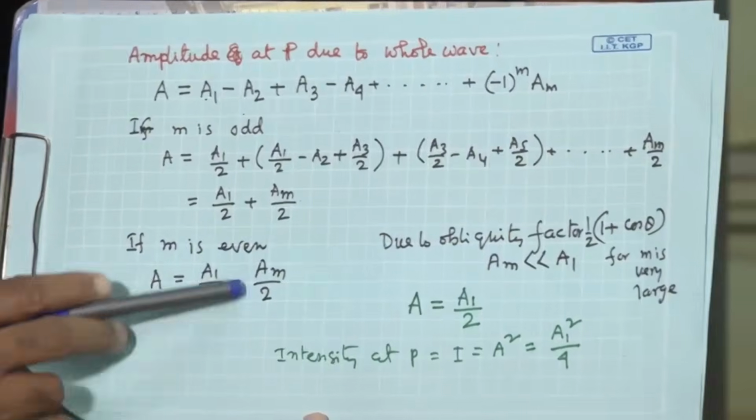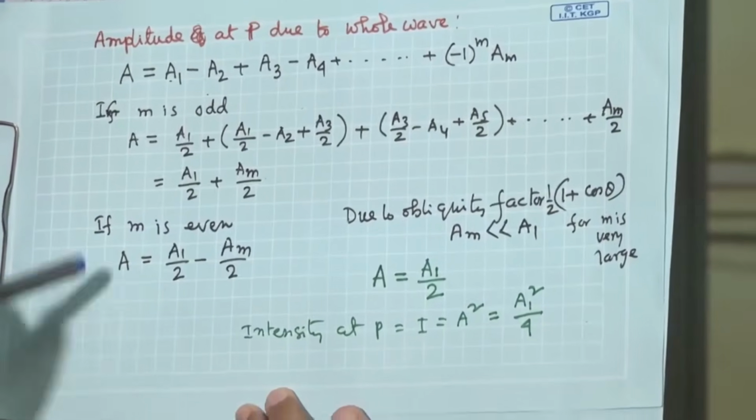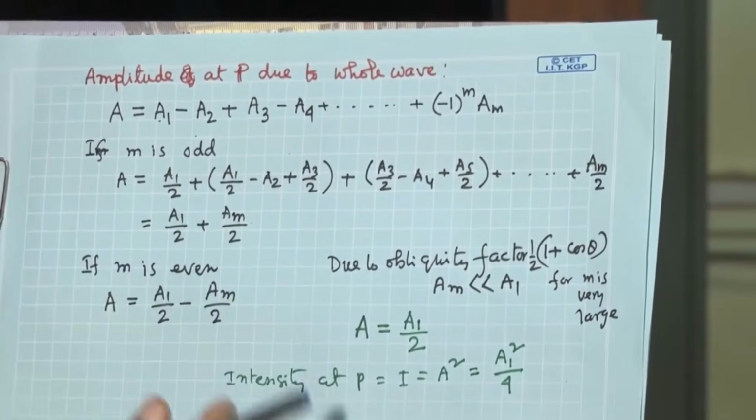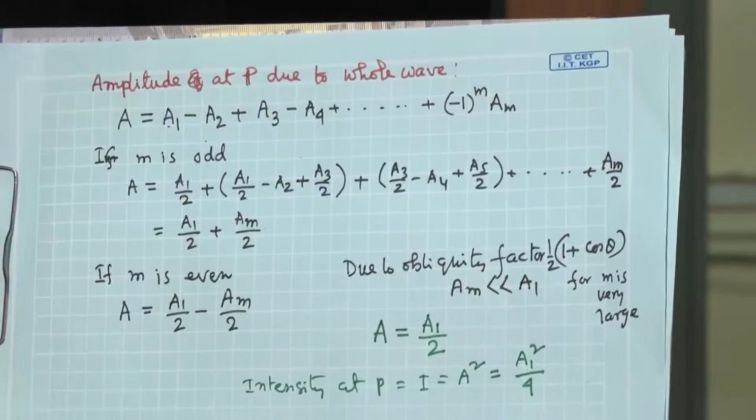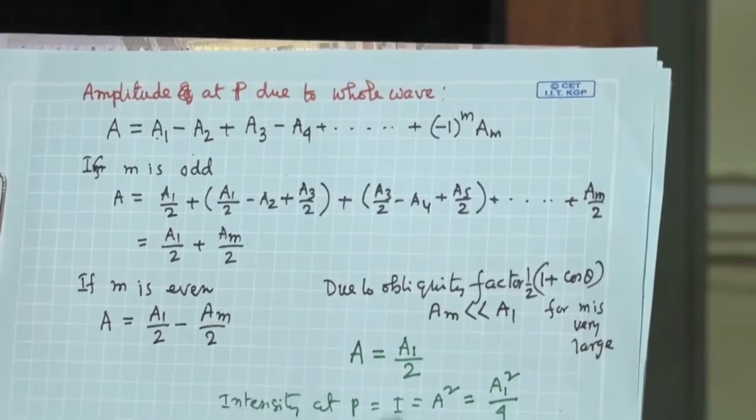So you can imagine A1 plus A3 plus A5 plus and so on, if M is say 1000 or 100.